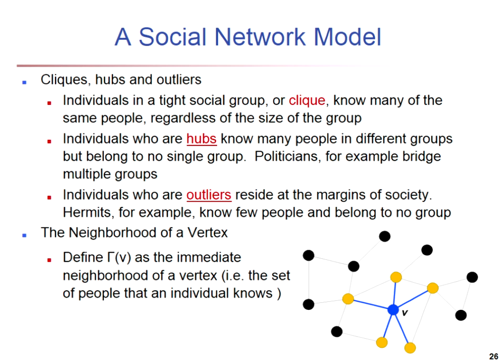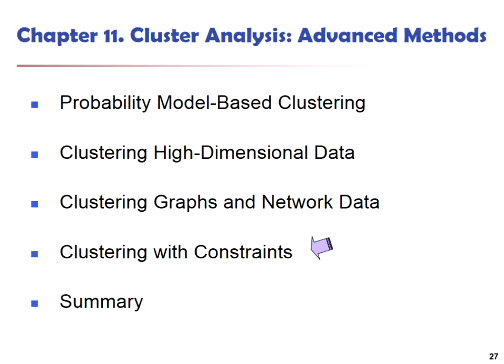This is an outlier for a vertex. The black one can be considered as an outlier. Now, constraints, not outliers.